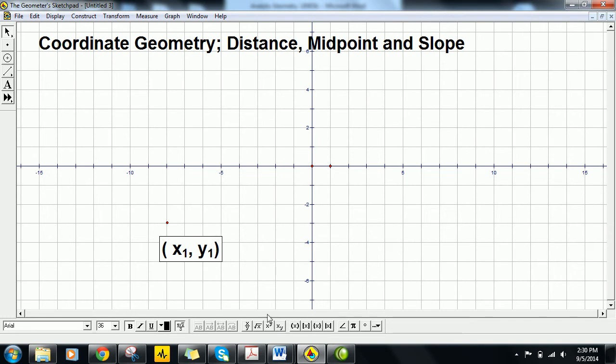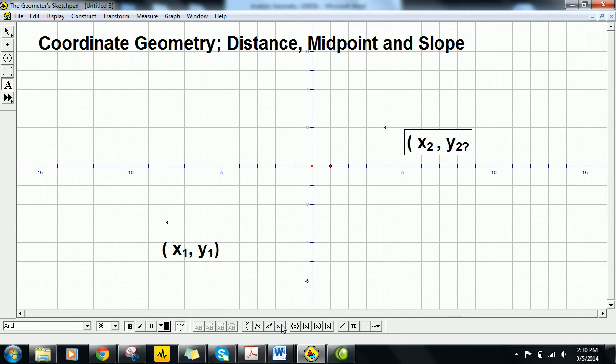Okay? Just like -8 and -3. And I'll put any old point right over here, and I'll call that point x2, y2, for lack of a better word. x2, and then y2 for the y value.